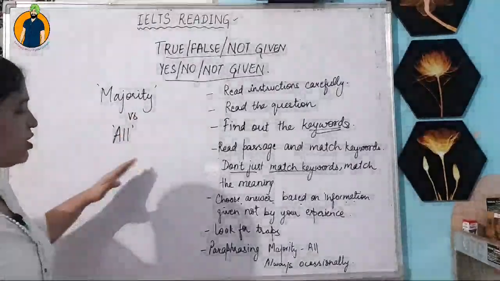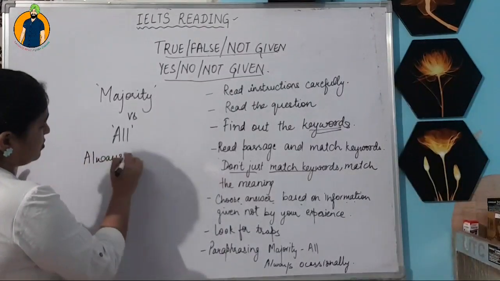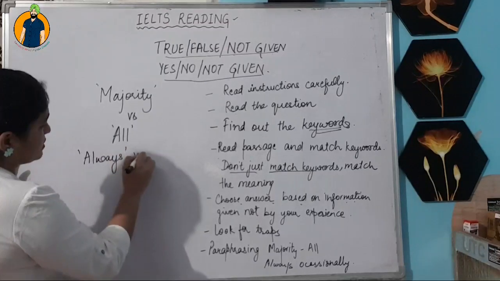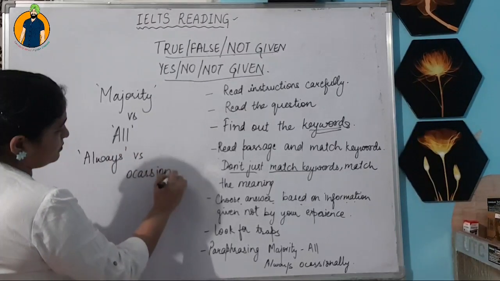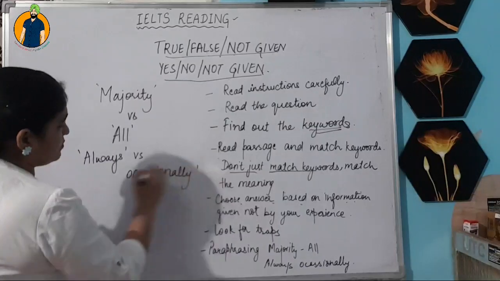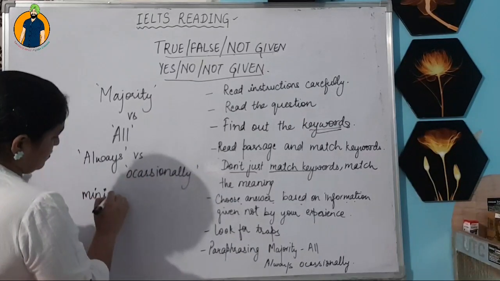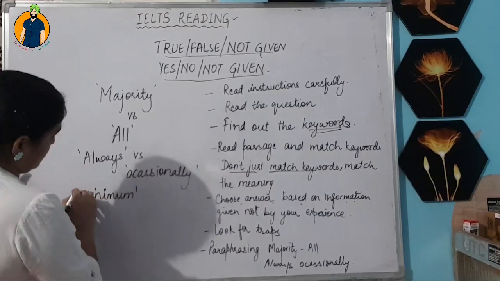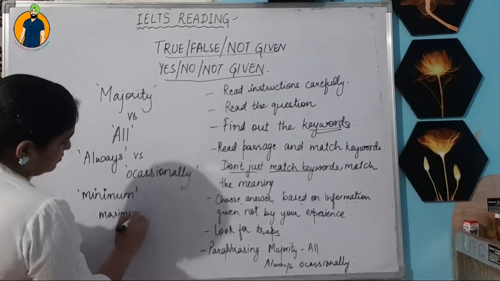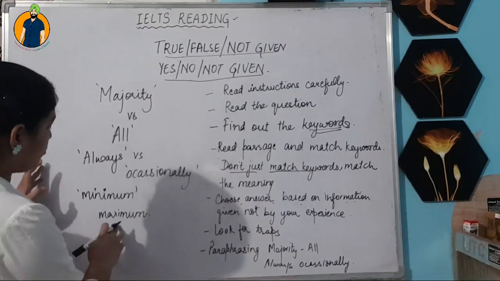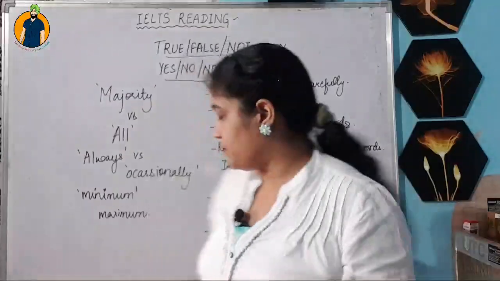Majority versus all, always versus occasionally, minimum maximum. So you have to look for the traps while answering your questions.